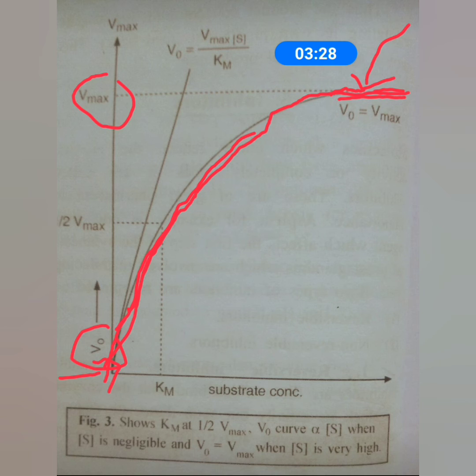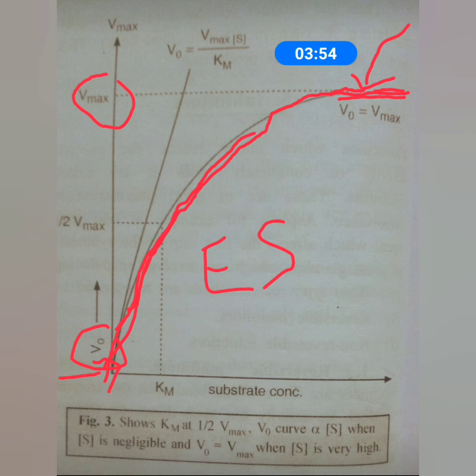And this kinetic behavior of an enzyme catalyzed reaction led the scientist Victor Henry, in the year 1903, to propose that the formation of an enzyme substrate complex, that is the ES complex, is the necessary step in any enzyme catalyzed reaction.